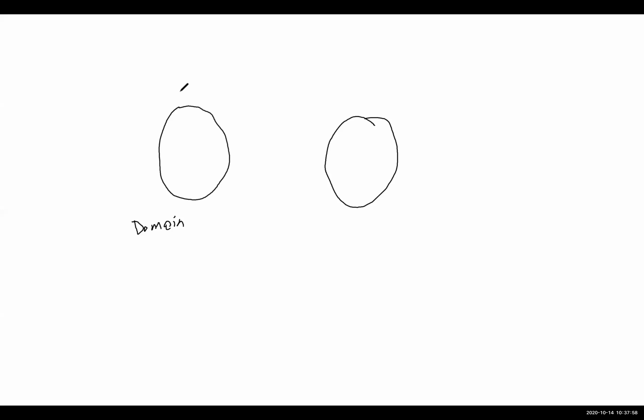And we'd say, okay, this is a domain group here over on this side, and this is my range. And there's some function that takes elements from the domain and matches them up with elements in the range.